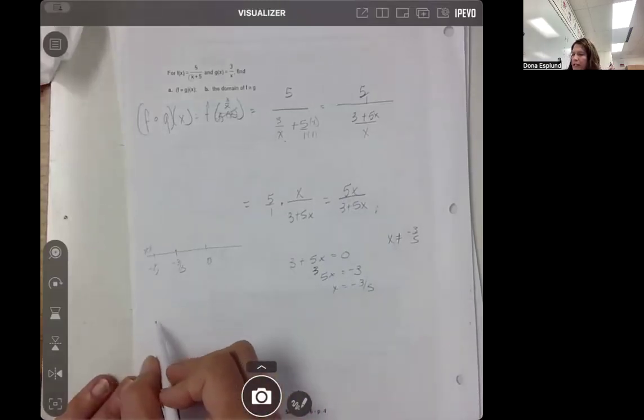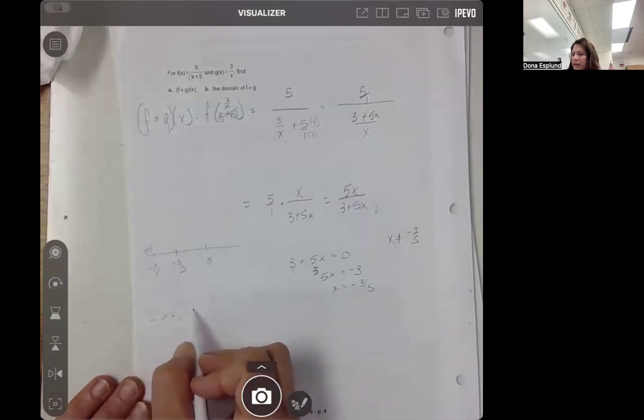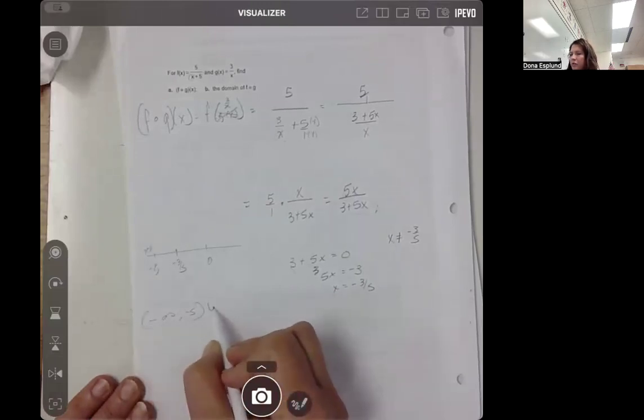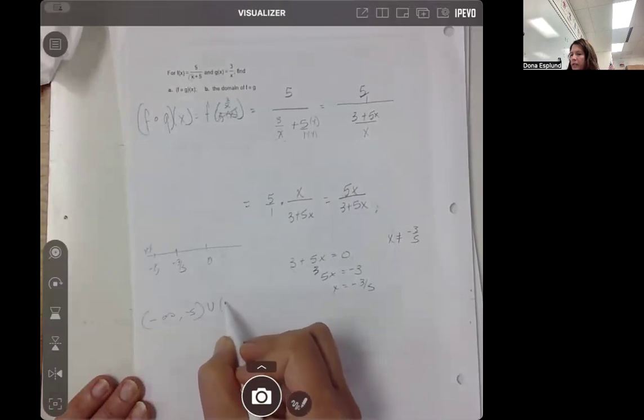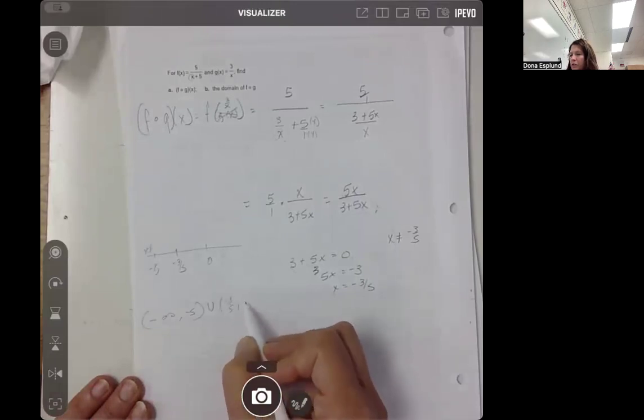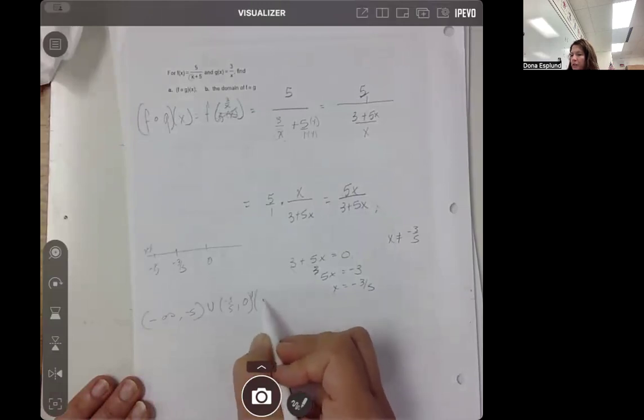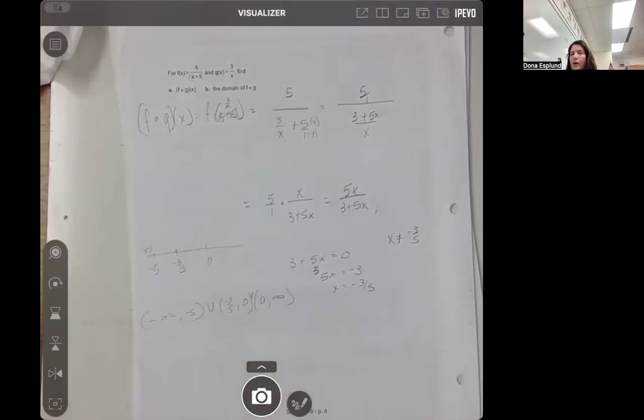And so I would go ahead and say that I'm going from -infinity to -5, and a union of from -3/5 to 0, union 0 to infinity. So I'd want to go ahead and make sure I include those, even though if I graph just my composite function, it doesn't look like it's really restricted, but I need to remember that it still is from the originals.